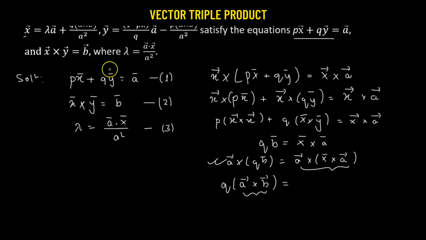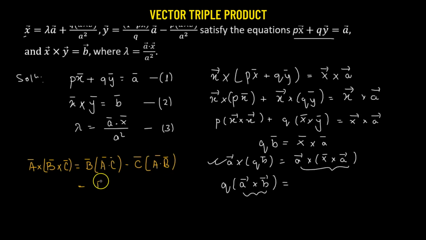So let's now expand. Say we have the vector triple product a cross b cross c. When we expand this, it becomes the vector b times a dot c minus the vector c times a dot b. There's a very simple way to remember this: the back-cab mnemonic, which we can use to easily remember the expansion of a cross b cross c.